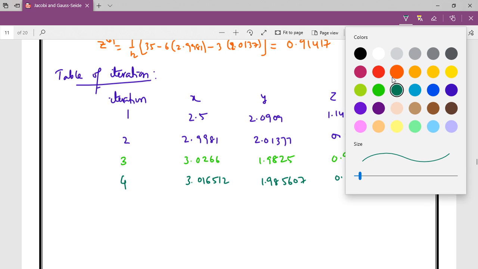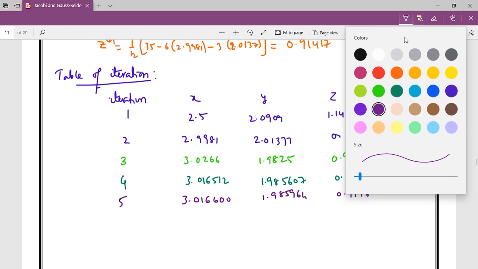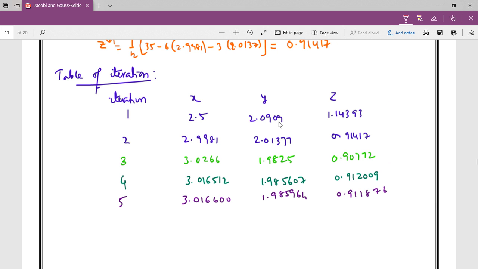So in the fifth iteration, I think almost the root converges. So now let us see in the fifth iteration, the x value is 3.016600, y value is 1.985964 and z value is 0.911876. Okay.